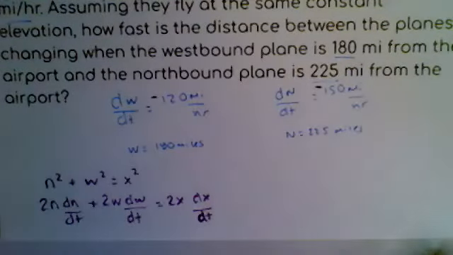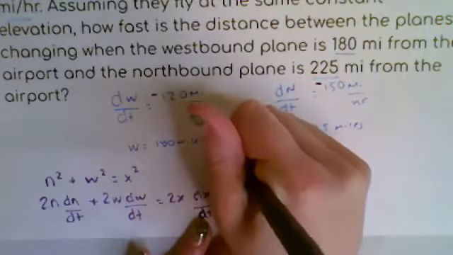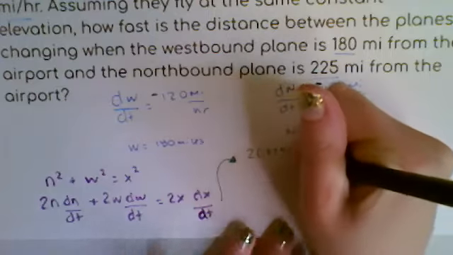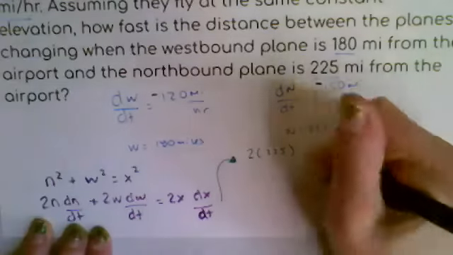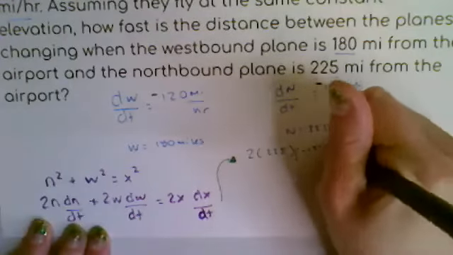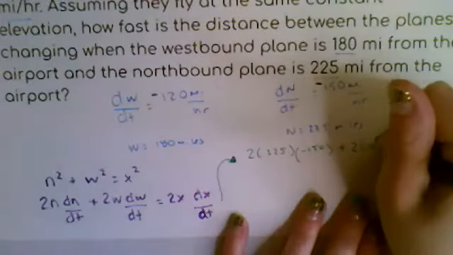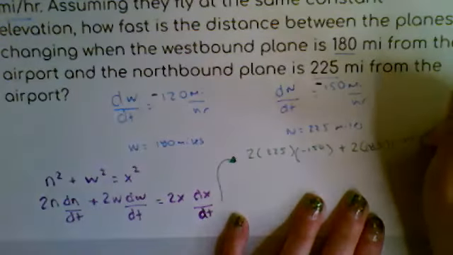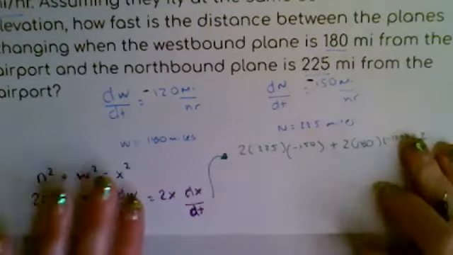We know that the north distance was 225 miles. So I'm going to now substitute in all of my variables. So 2 times 225 times my dn/dt, which was negative 150, plus 2 times my w, 180, times negative 120, is going to equal 2 times x.